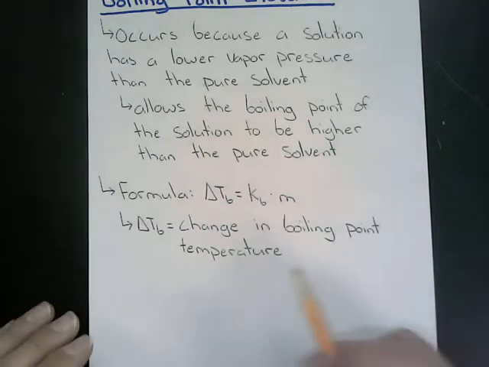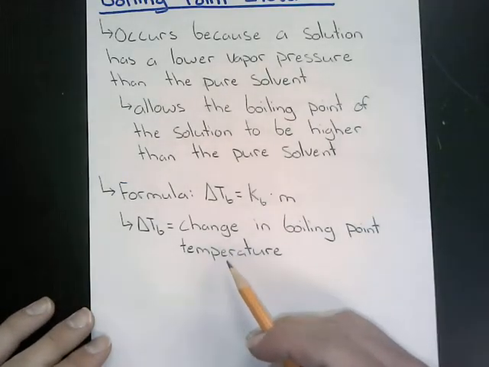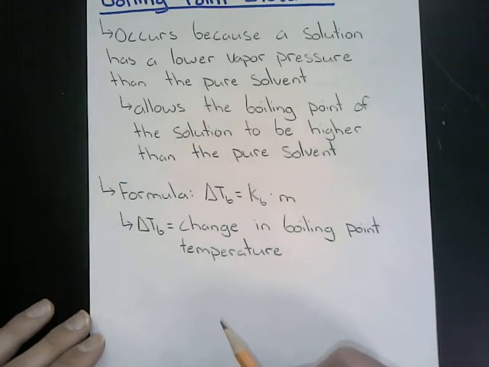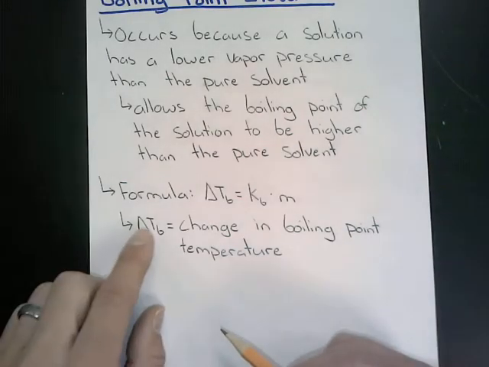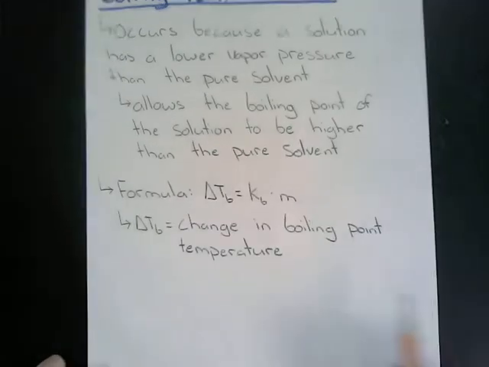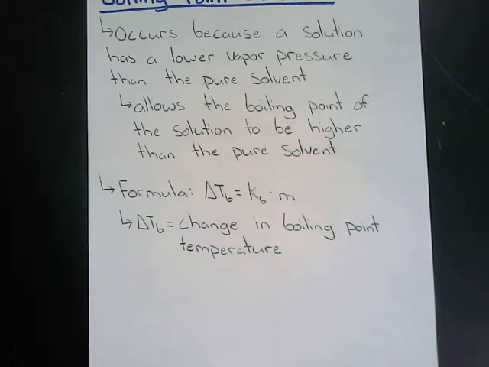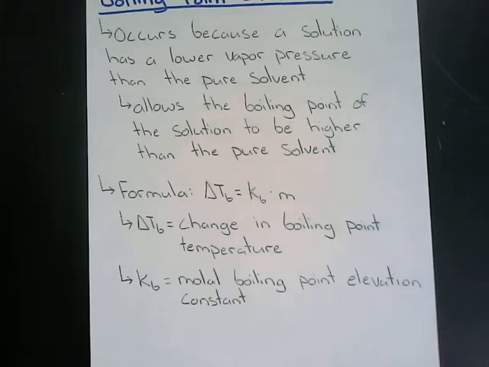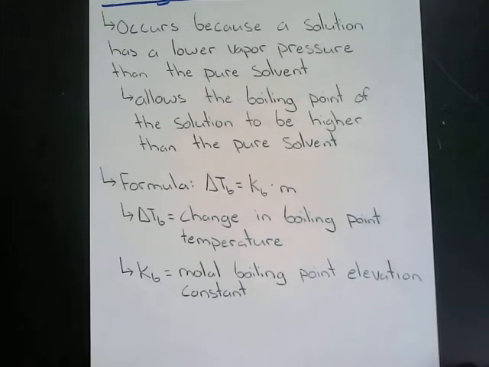So if we want to find the actual boiling point, we need to add this number to the original boiling point. Our next term, KB, is known as the molal boiling point elevation constant. And little m is the molality of the entire solution.